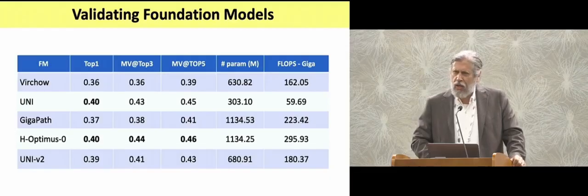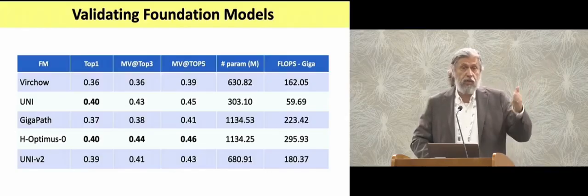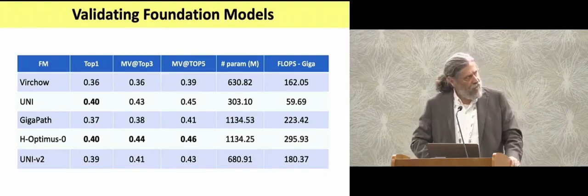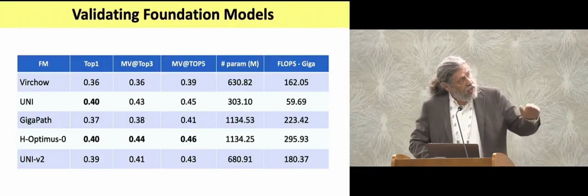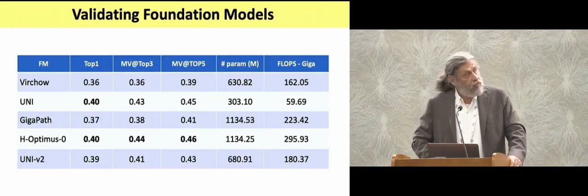And magically, all of them land around the same number. This is very strange. Why do they all provide, when you do it for 25 organs and 117 subtypes, the average comes around 44%. And you see here that, again, it is very difficult to get anything even close to 50%.